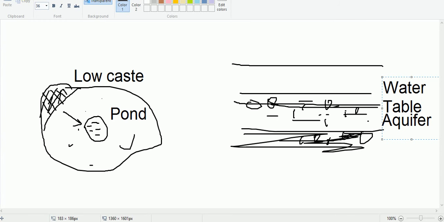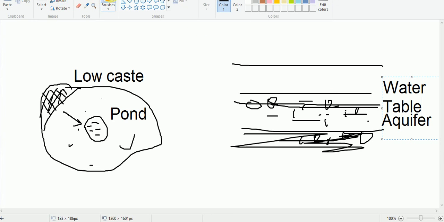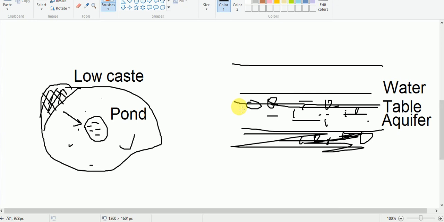Actually, when we overexploit water resources, this water table will be lowered. This is the previous water level, and this water level will be lowered here. And if we again overexploit it, overuse it, then again it will be totally dried up.